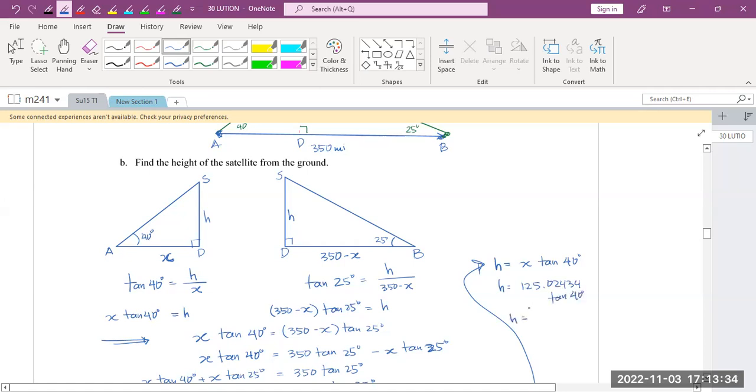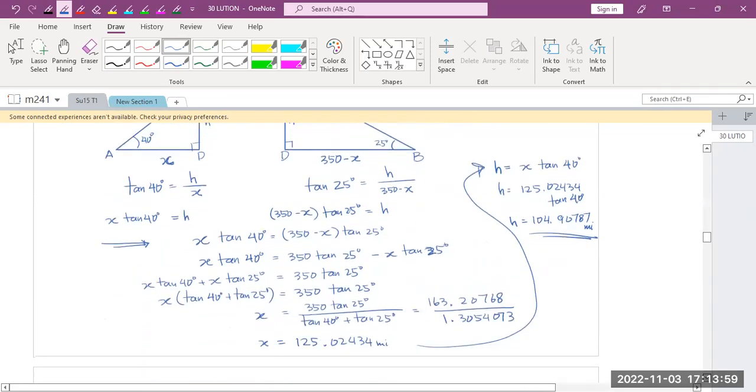That is equal to 104.90787 miles. Okay, that's for this page here. Let's go on.